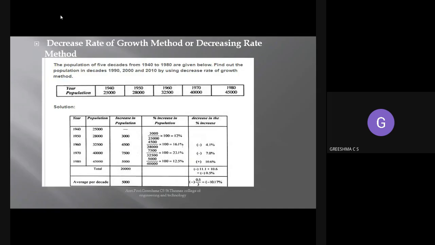Now, they have asked us to find out the population for the year 2000.